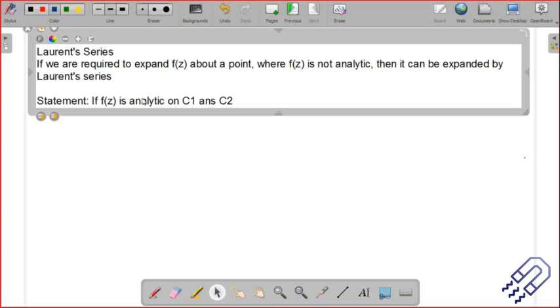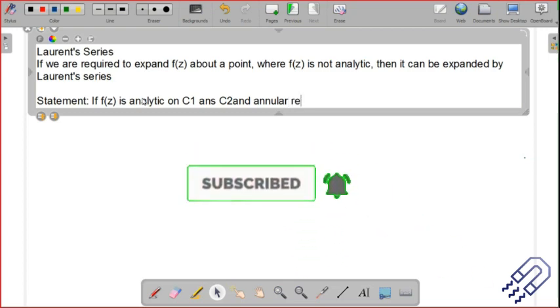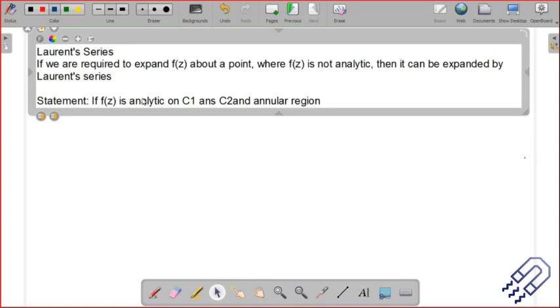There are two contours on which it is analytic, and an annular region. I'll just draw the diagram, and that will be easy. Annular region R, bounded by concentric circles.